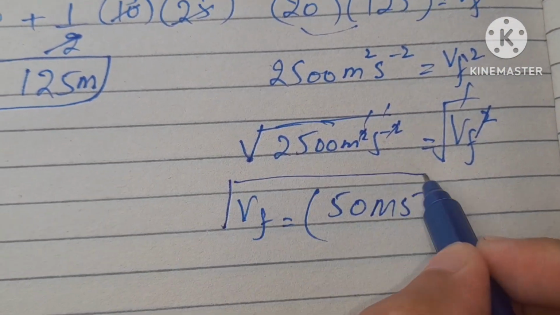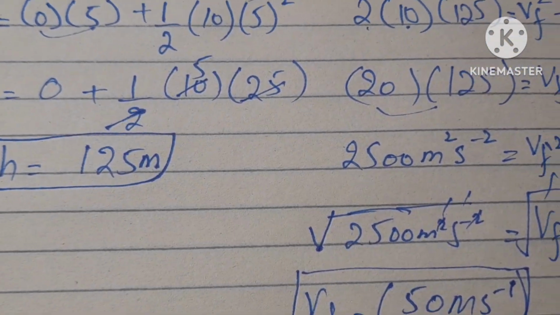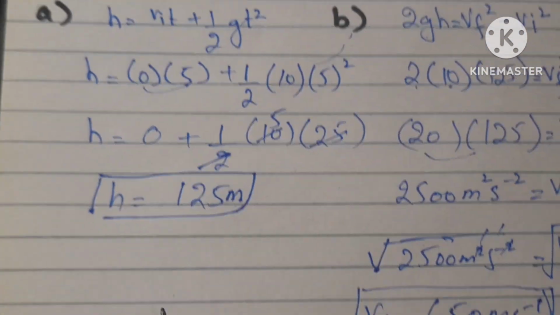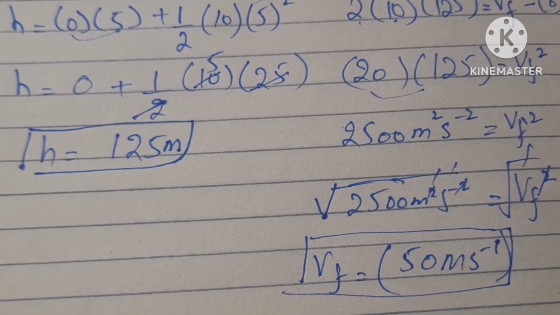Vf is equal to 50 meter per second, with which the stone hits the ground. And the height of the tower is 125 meter, and Vf is equal to 50 meter per second. Thanks.